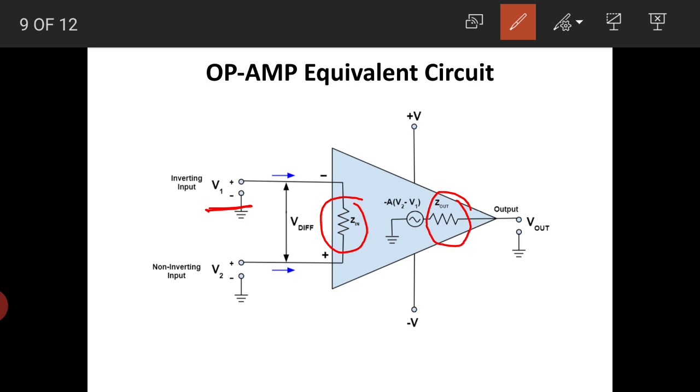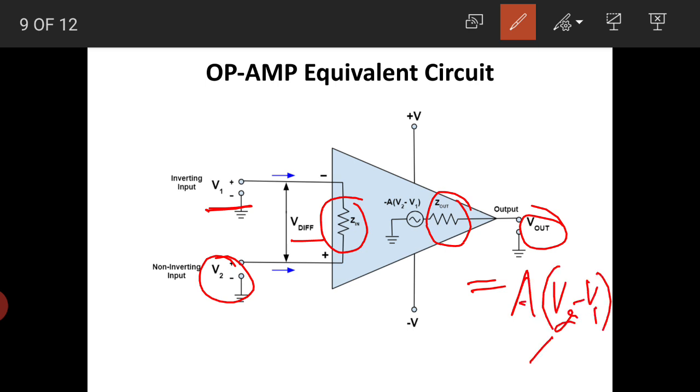V1 is the inverting terminal, V2 is the non-inverting terminal, and Vout is the output we are obtaining here, with a gain A, and Vd is the difference of input voltages. At the output side, the output will be obtained as A into V2 minus V1. V2 is your non-inverting input and V1 is your inverting input.